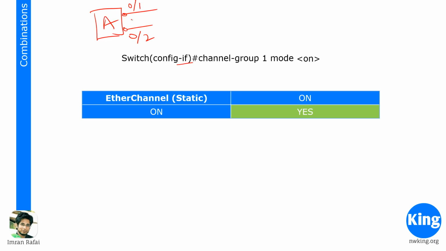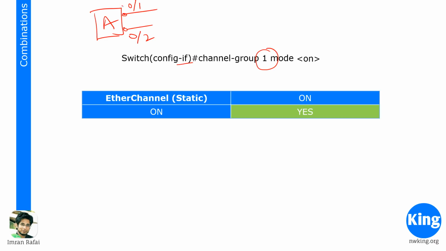We have to go into each of these ports and give the same command. We say channel-group, and we need to give a channel group number, which is a number between 1 and 6. Then we give the keyword mode, and we say on. That's on FA0/1. Again, we go to FA0/2 and do the same thing: channel-group 1 mode on.